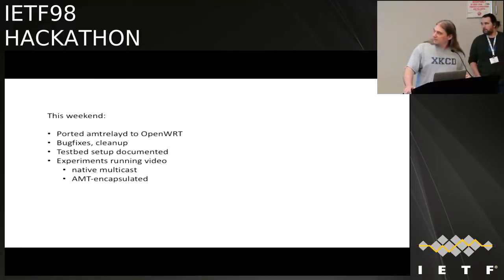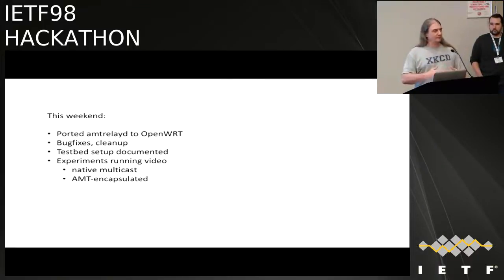This weekend I ended up spending most of the time porting the AMT relay to OpenWRT. This took a little longer than I had hoped, but it is one of the gaps that's missing. When there's a non-multicast enabled Wi-Fi network, having an AMT client embedded in the receiver is the way to go. We have, I think, 3 different implementations of such a thing so far, and having a relay located in the home matters, because for a lot of networks the pain point is the access network into the home.